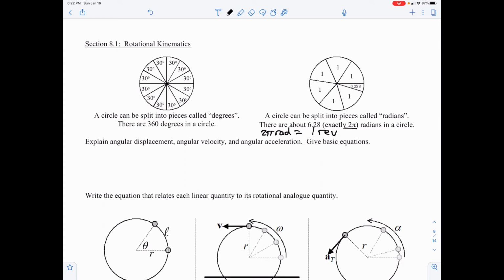Angular displacement: explain angular displacement, angular velocity, and angular acceleration. Give basic examples. Well, angular displacement is the angle in radians an object rotates through.